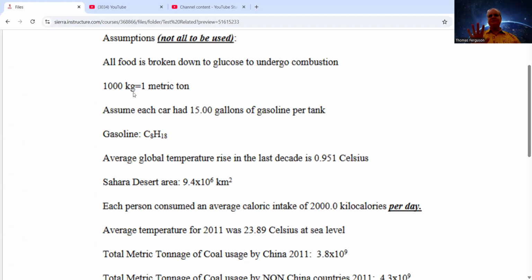Many of my Chem A students have never seen a metric ton, and there's a big T and a little t if you see it abbreviated. Typically little t is a metric ton. I spell it out instead of letting you figure out which is which. Gallons of gasoline per tank, yes, because we're talking about cars. Leave that. Gasoline formula.